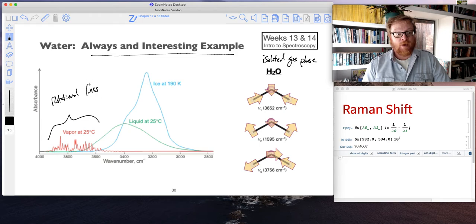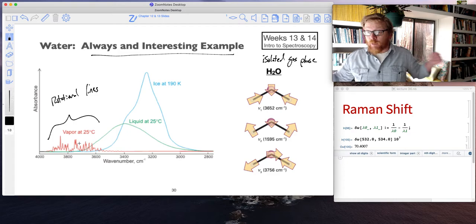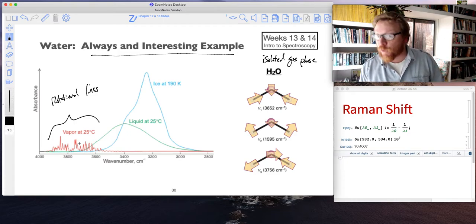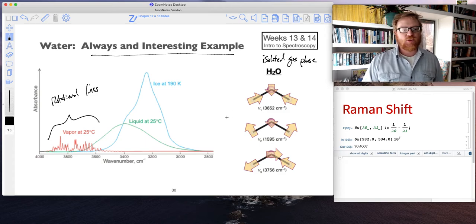Because since it's a vapor, a gas, we're going to see that those vibrations will stimulate the excitation of a rotation. Okay? So water as a gas is going to exhibit these nice rotational lines, and also its stretching frequencies.